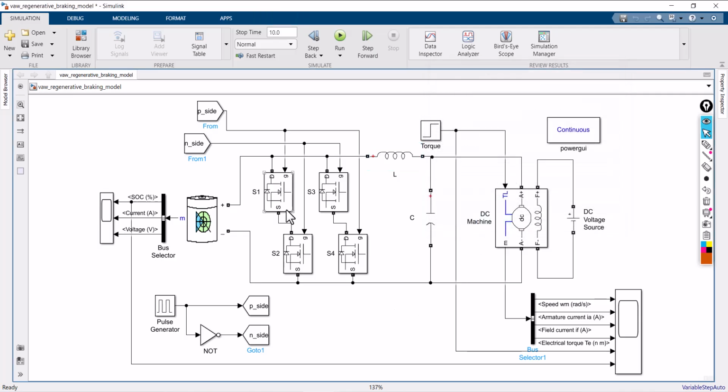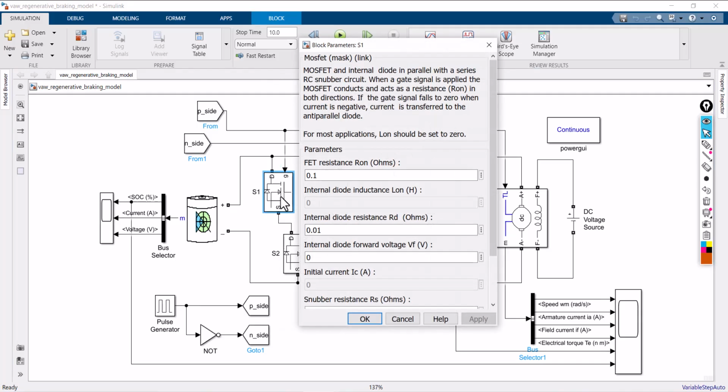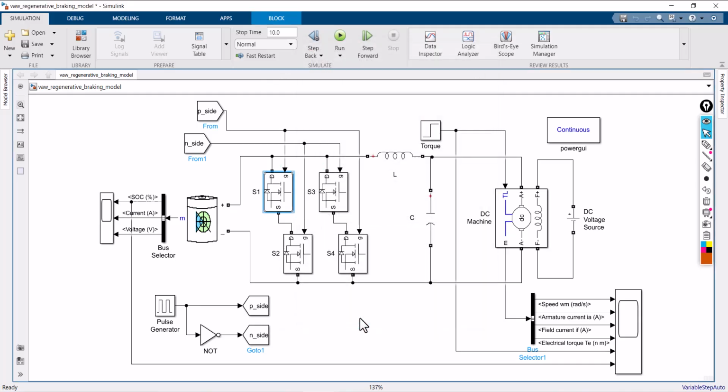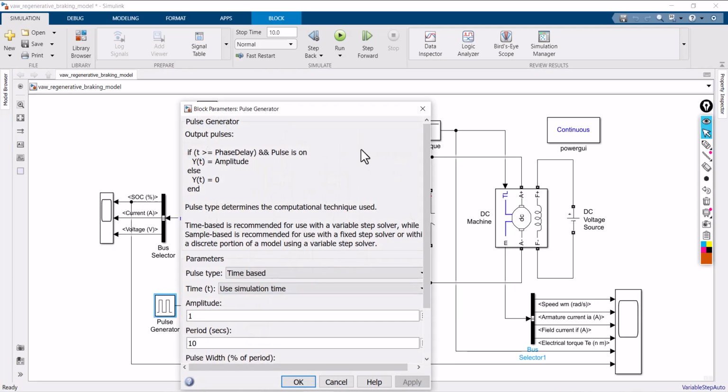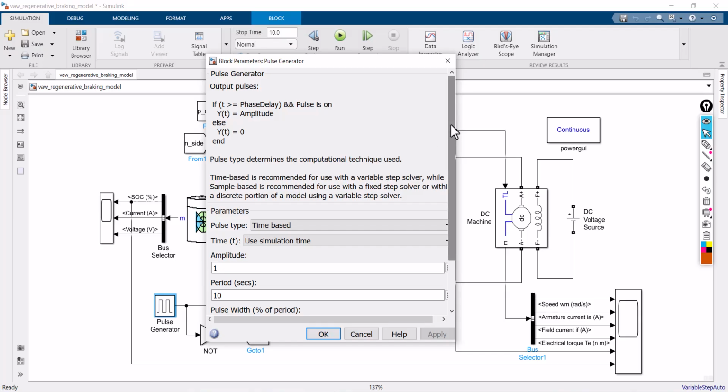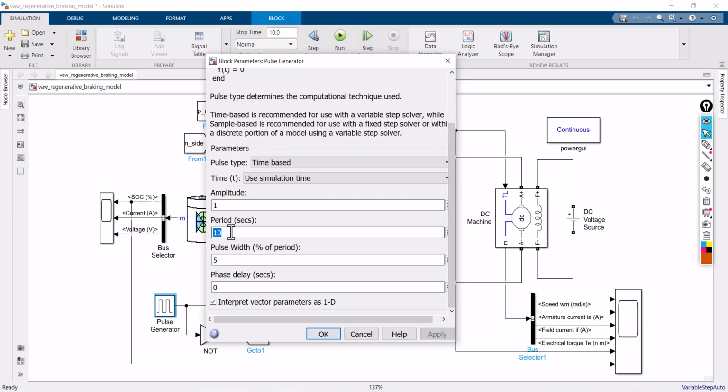No need to change the switching parameters. Let it be the default. Here, one thing you need to do is go to pulse generator. You have to fix the time period. As of now, I'm using a time period of 2e power minus 5. Why 2e power minus 5?